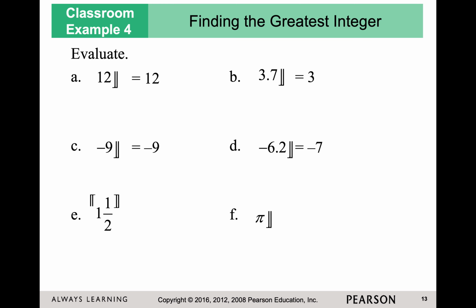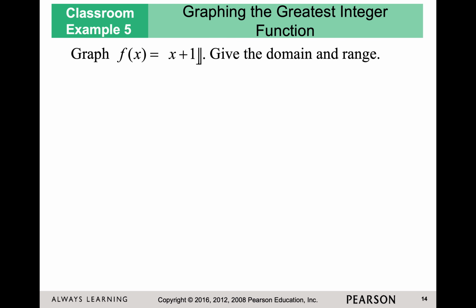Are y'all catching that? Down from negative 6 is negative 7. Which is weird, right? But we're rounding down. 1.5, or the step on either side, is telling me to go up to 2. 3.14, notation is on that left, we're rounding down. So that's called the greatest integer function.